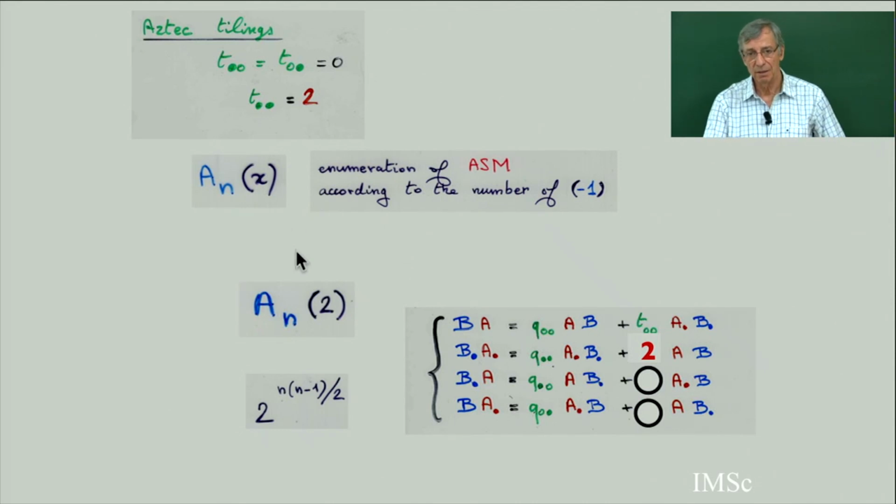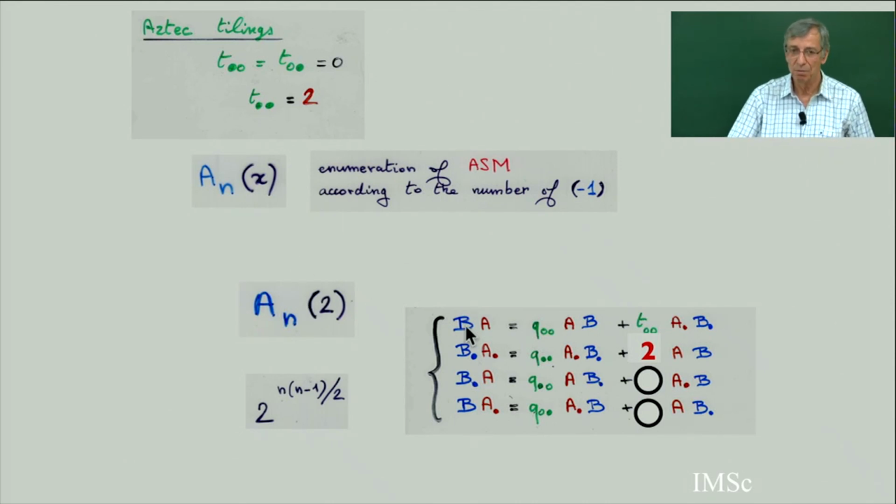And I claim that A_n(2), by this setting of a quadratic algebra in writing, gives you a proof that A_n(2) equals the number of Aztec tilings. And even if you look carefully at the local configuration, you can get a bijection.